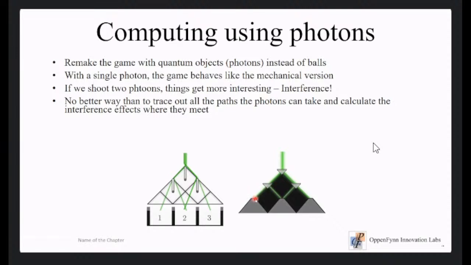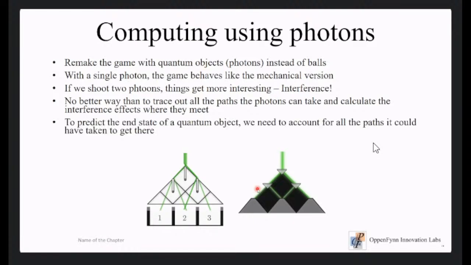That's the only way I can calculate it, right? So the point I'm trying to make is that to predict the end state of a quantum object, we need to manually calculate all these paths and then count the distance that each photon has taken.